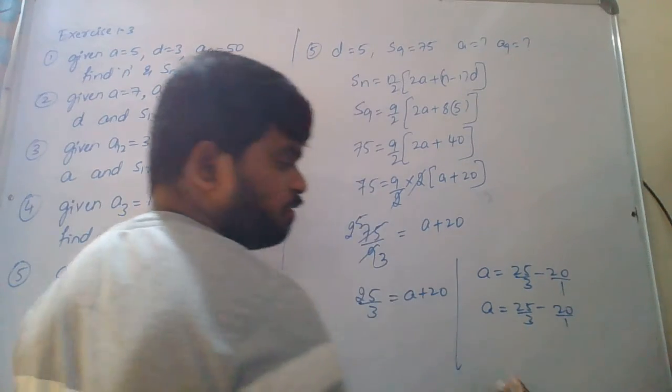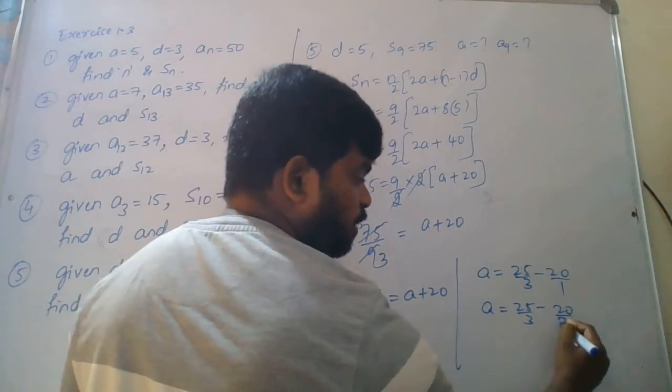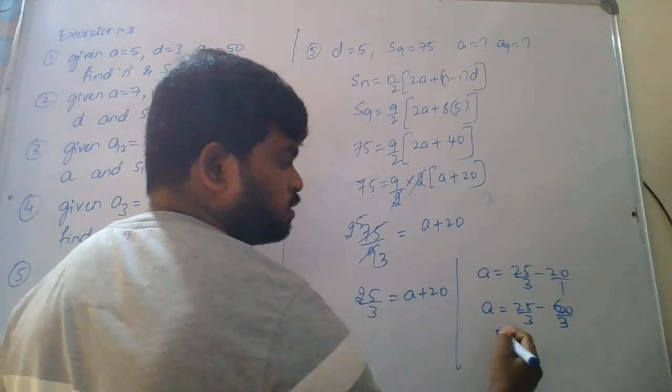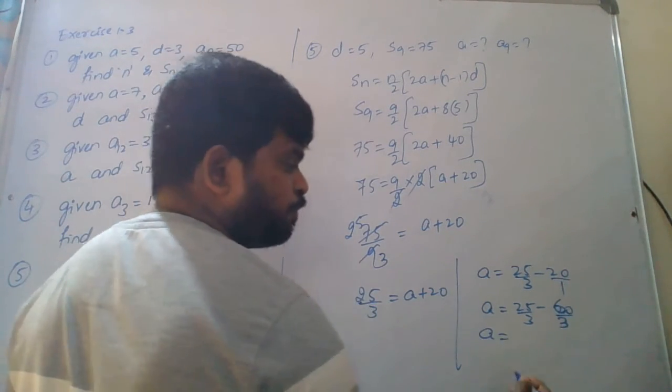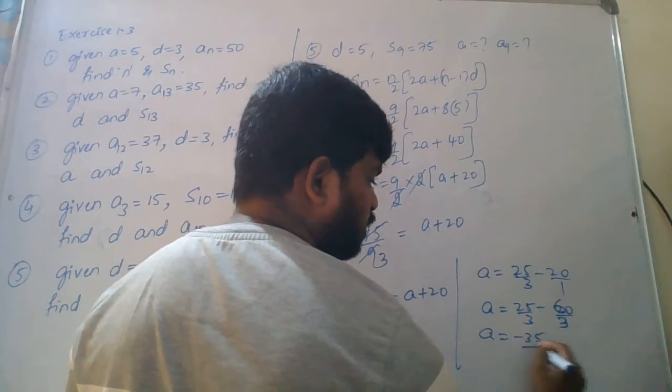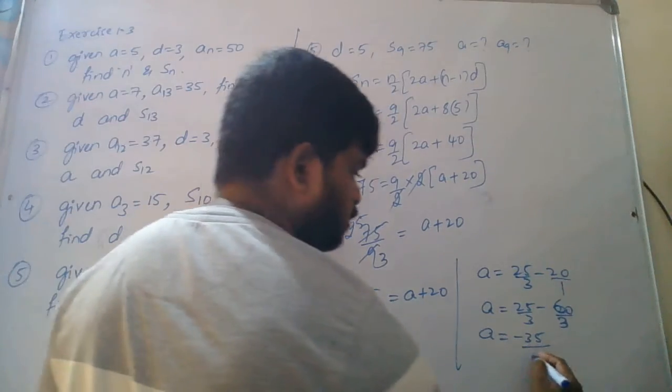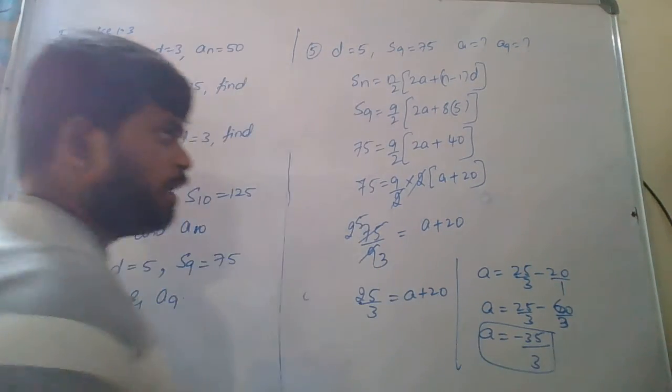So the LCM of 1 and 3 is 3 itself. So I have to multiply by 3 to make it 3. So this becomes 60. So 25 minus 60 gives you minus 35. Yeah, minus 35 by 3. That's the value of a.